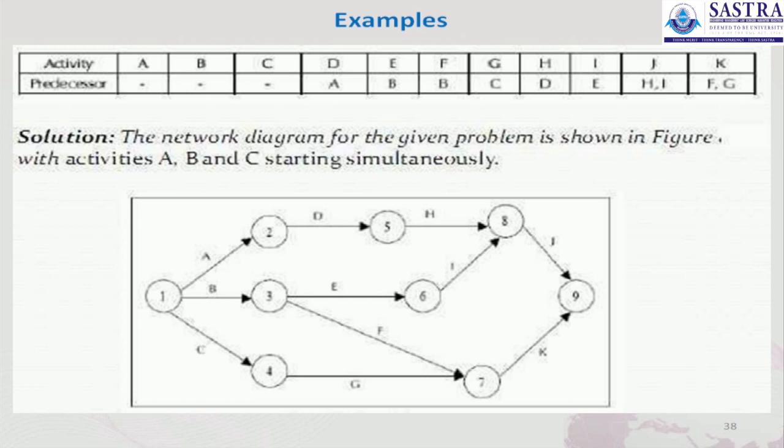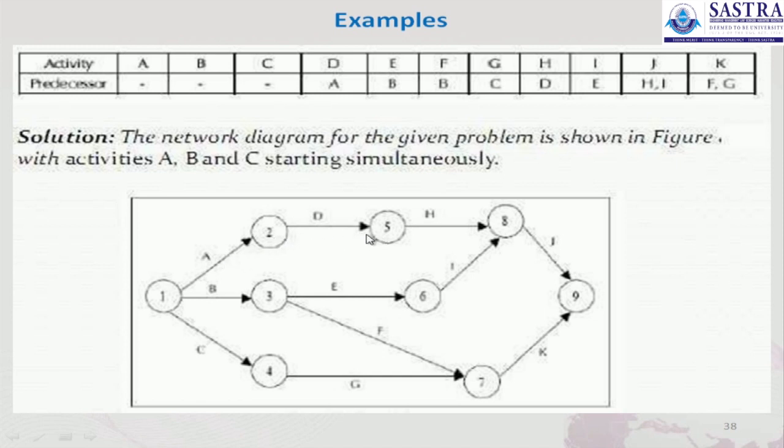So this is what we are going to construct here. Start from the event, the node, which starts from 0. Here it is 0, or 1. So we have to mention it as 1. So the node will start with 1, and there will be 3 activities: A, B and C. And then the activity D, whose predecessor activity is A, we have to draw it here.